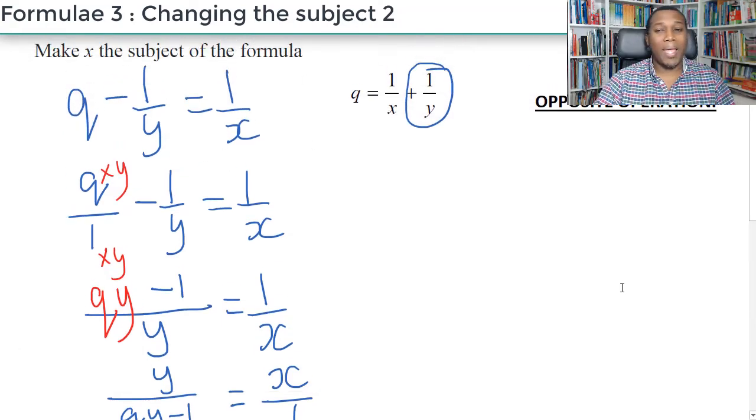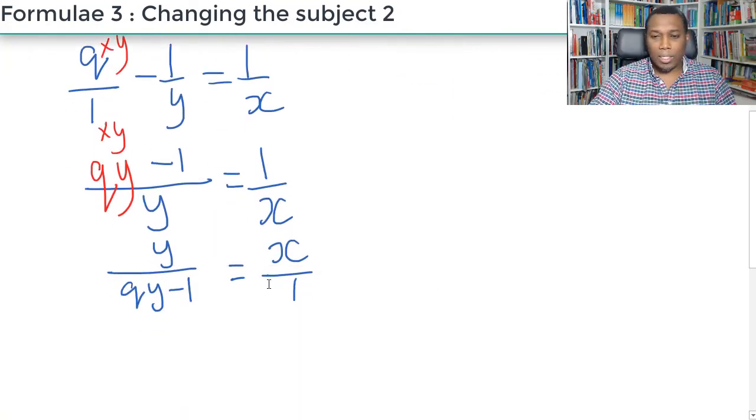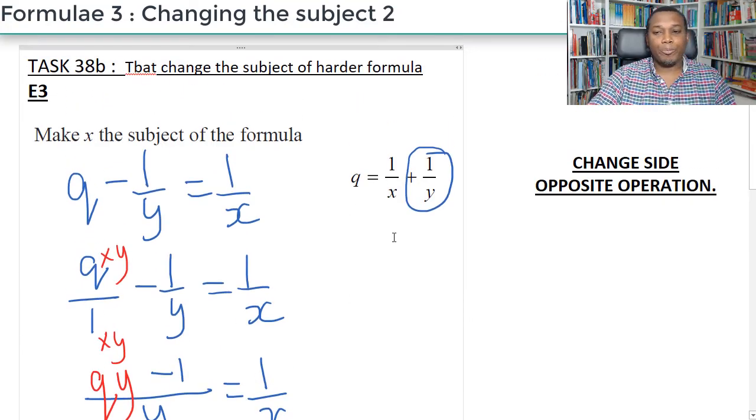So let's look back at what we did here. What was the process? We want x to be the subject, not 1 on x. So x has to be the numerator. And we don't want a fraction at all, really. We want to get rid of the divide by 1. So I'll deal with that when we get back there. At the moment, we're adding 1 on y.